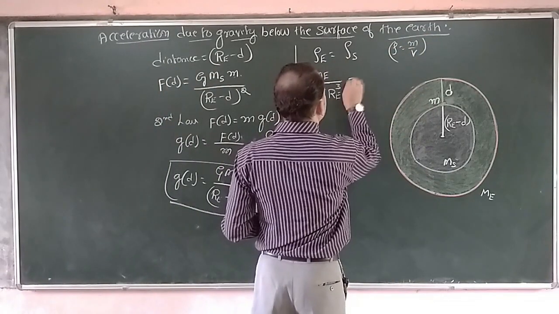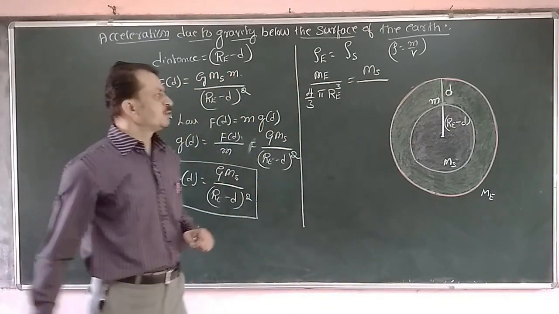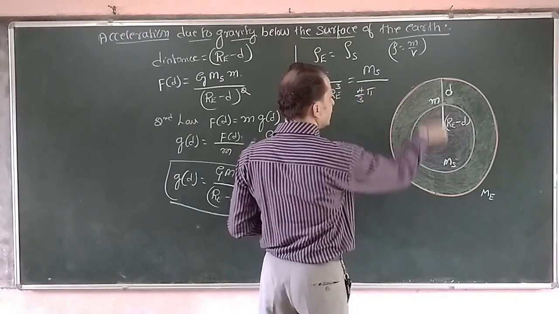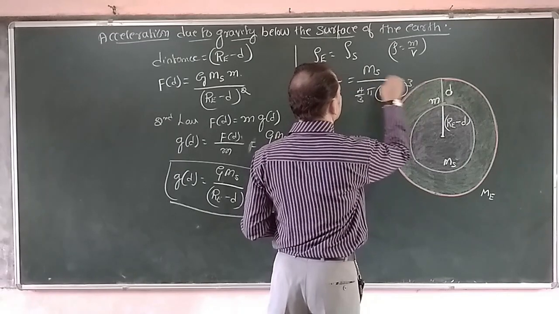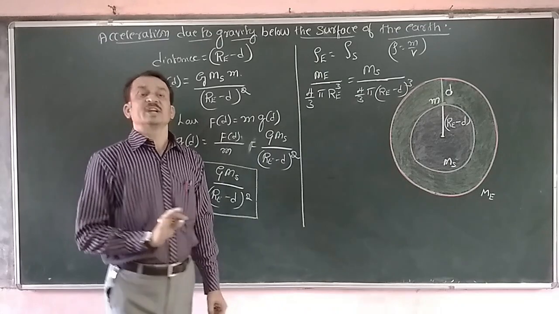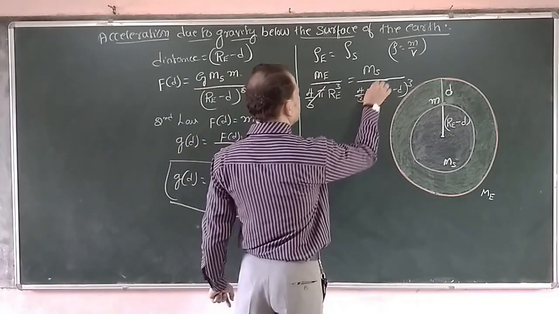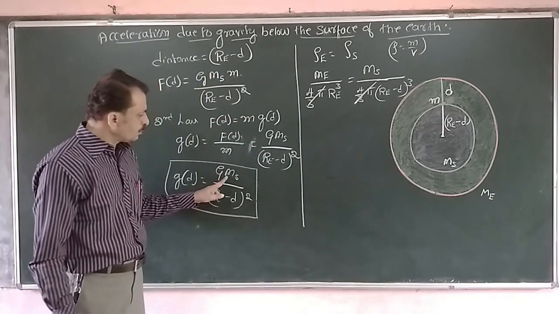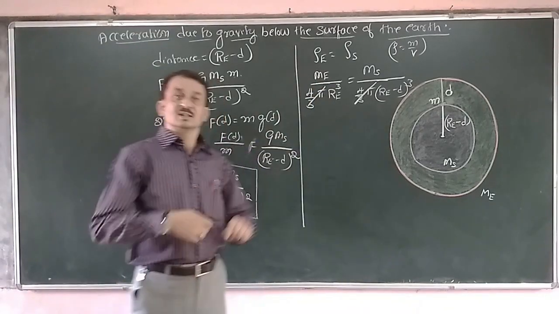Now the mass of the spherical shell, that is the inner sphere, divided by the volume of the inner sphere, which is 4 by 3 pi, where the radius is Re minus d, whole cube. Since the density remains constant, we are using this relation. Therefore, 4 by 3 pi cancels. What is our aim? I have to replace the mass of the spherical shell in terms of the mass of the earth, which is known.